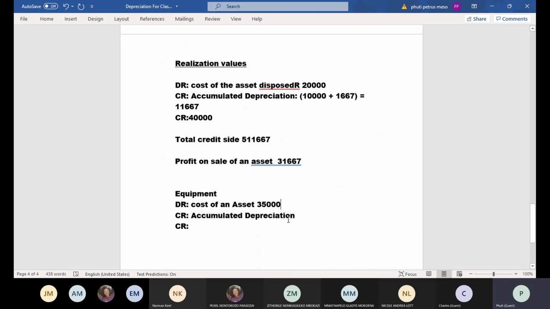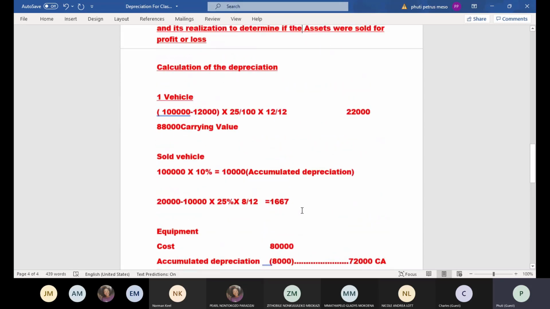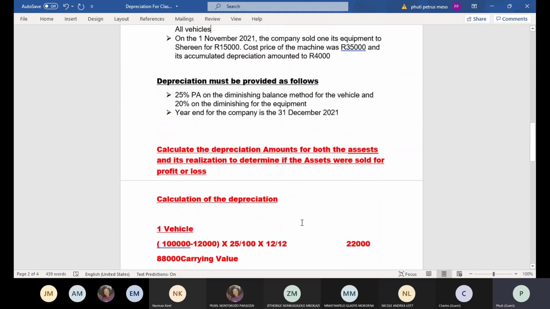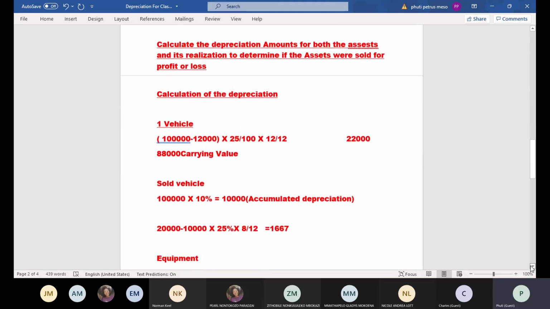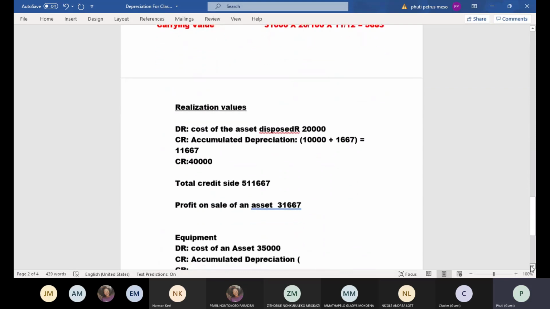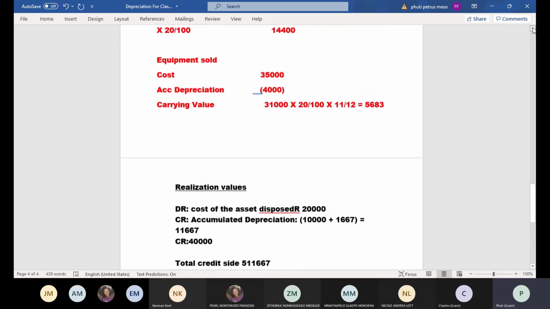So how much is the accumulated depreciation? Accumulated for the sold equipment, okay, it's 4,000 Rand, and add the depreciation in the current year for the same asset.